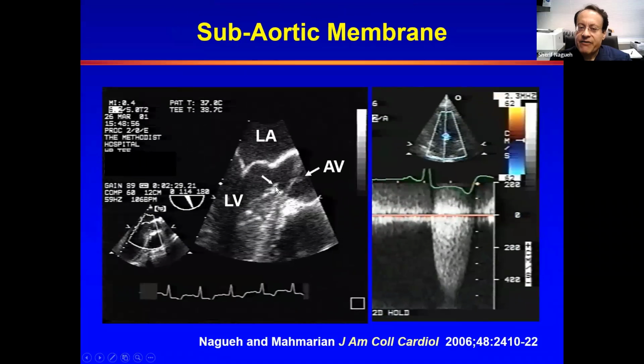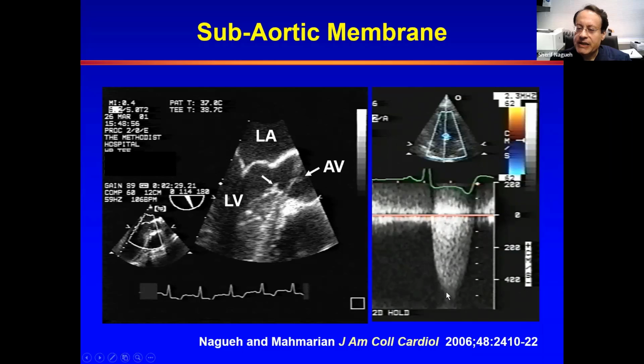Patients sometimes have a fixed subaortic obstruction, because of the presence of a subaortic membrane. These may be seen sometimes with transthoracic echo, sometimes you need transesophageal echo to visualize them, or CMR. Here it is nicely seen.